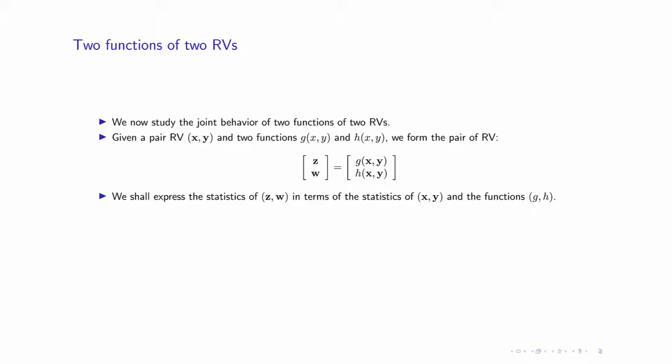So we shall express some statistics of Z and W in terms of the joint statistics of X and Y and the two functions g and h. So this is easy.